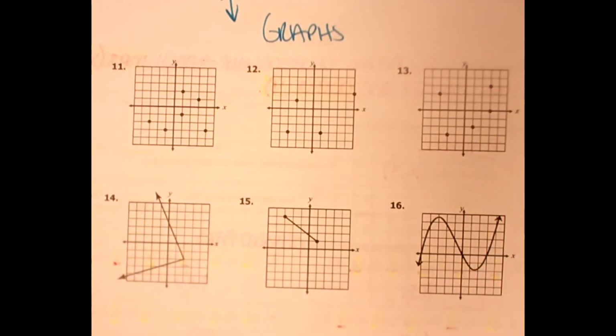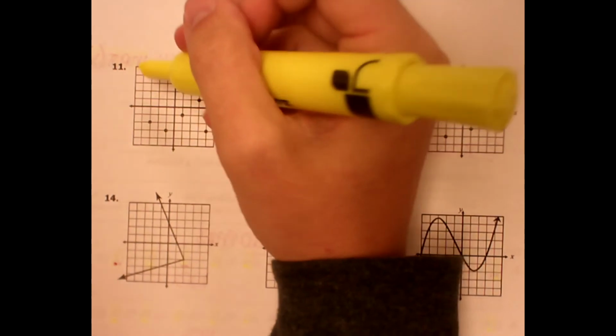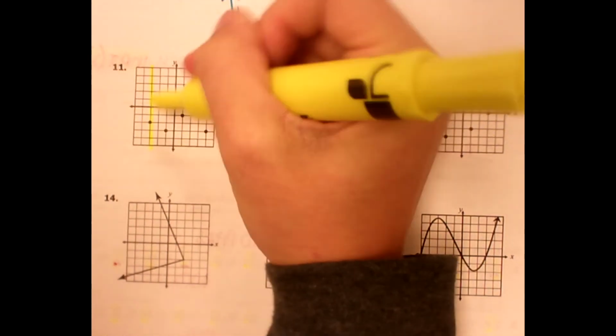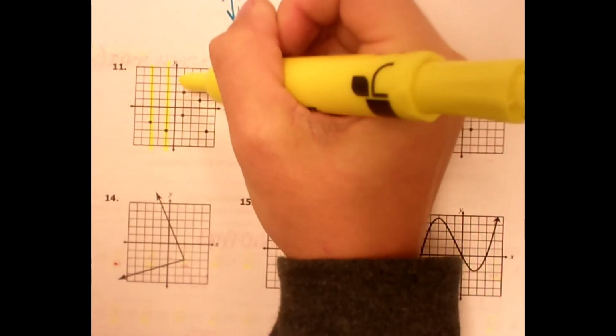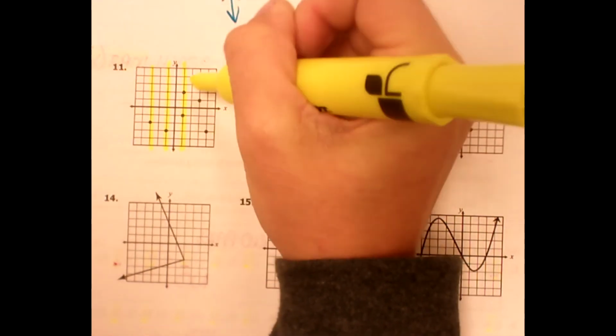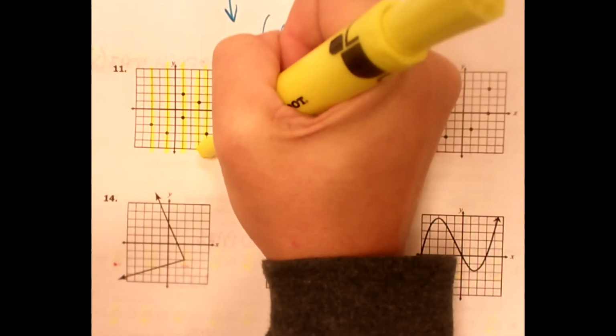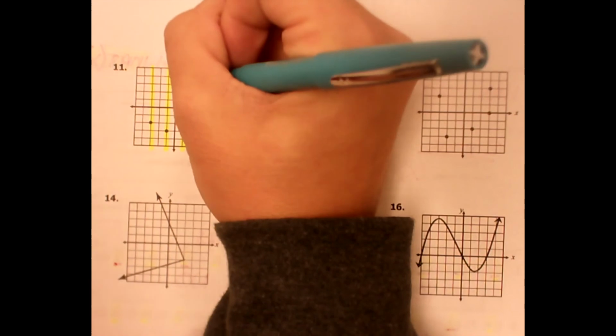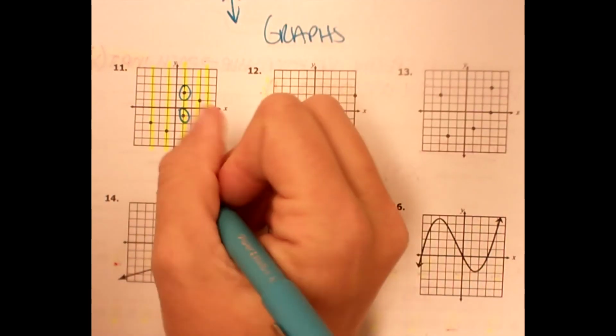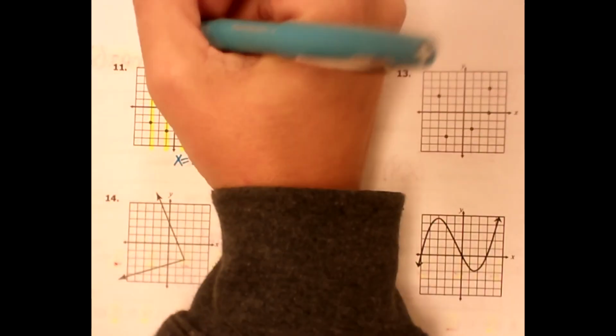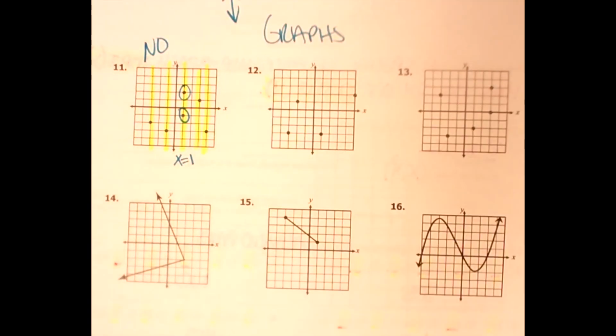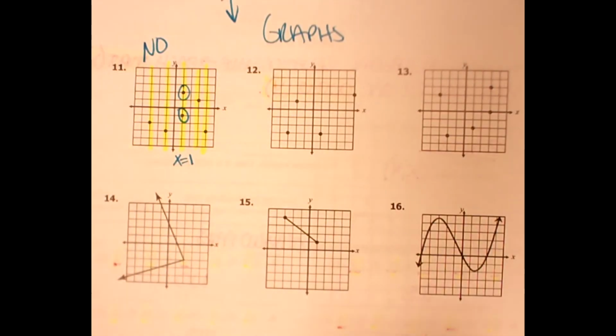So looking at number 11, were any of my x's used more than once? There's the point. So for my vertical line test, when I draw vertical lines, this one was used twice. X equals 1. So that is not a function.